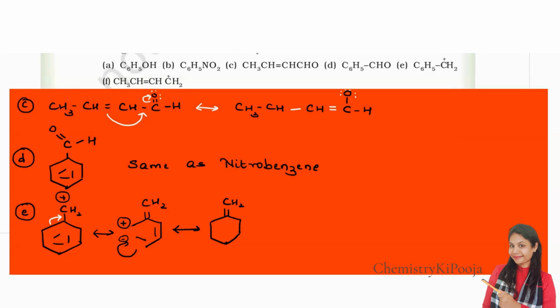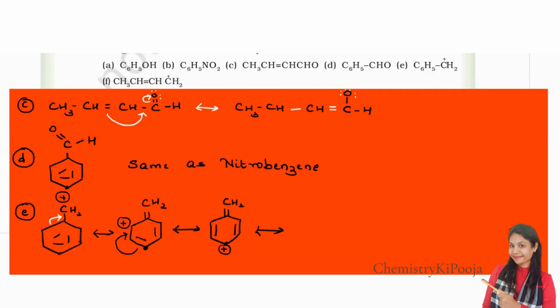I have simply written it in one single step. There will be a bond formation here, and this is already present. The plus charge will be here because this carbon atom has lost the electrons, right?